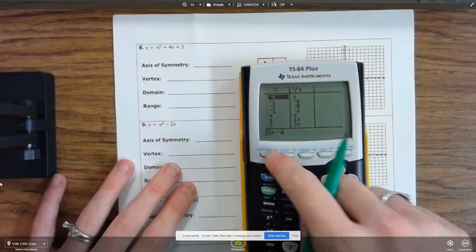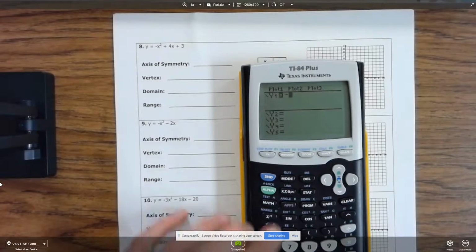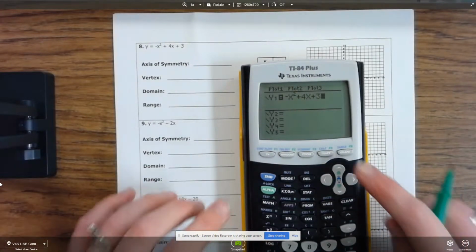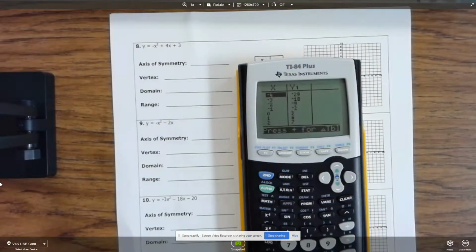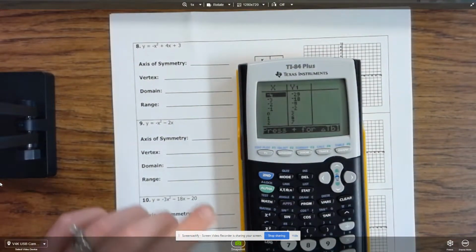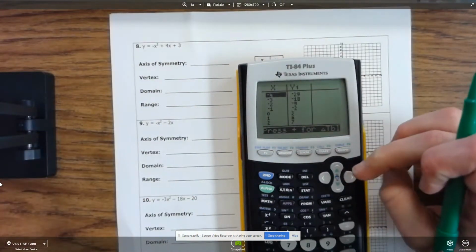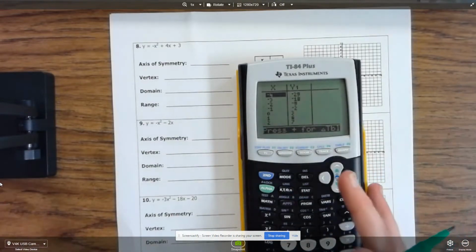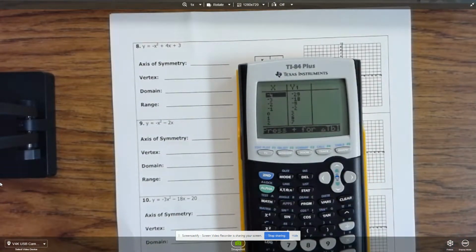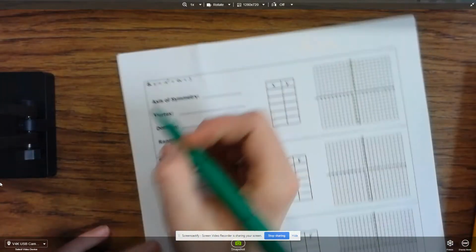If we use the calculator, negative x squared plus 4x plus 3, and we just look at the table, let's get our axis of symmetry first.